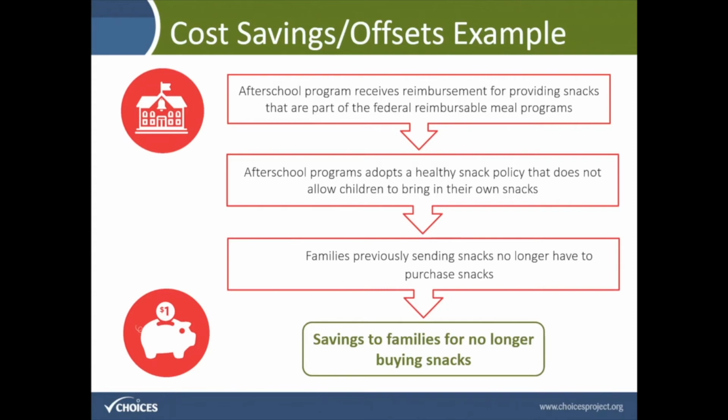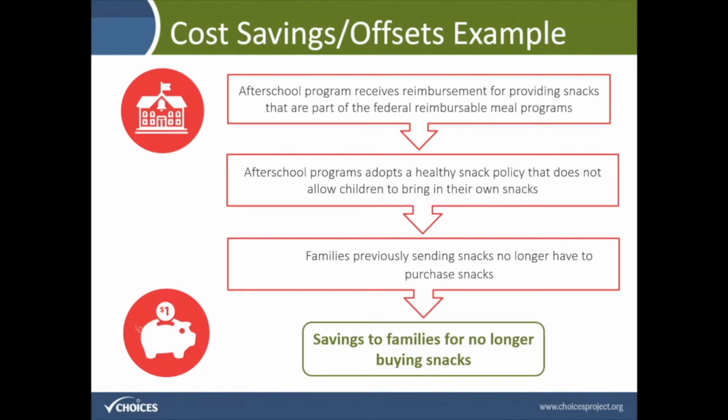An after-school program receives reimbursement for the provision of snacks that meet NSLP and CACFP guidelines to all children. The program restricts the foods brought from home, so families previously sending snacks with their children no longer have to purchase snacks.